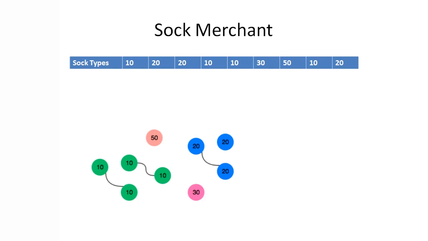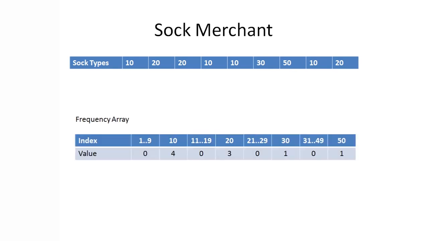But the problem statement says that there could be 100 types of socks. So if you want to consider all the test cases, we have to have an array whose size is 100. 50 is not sufficient.